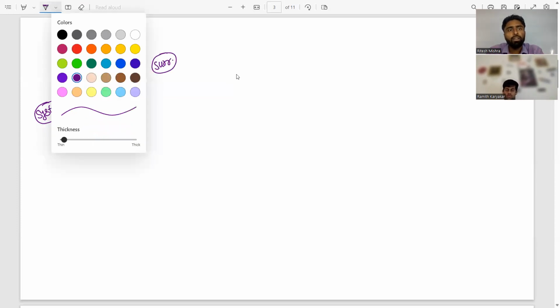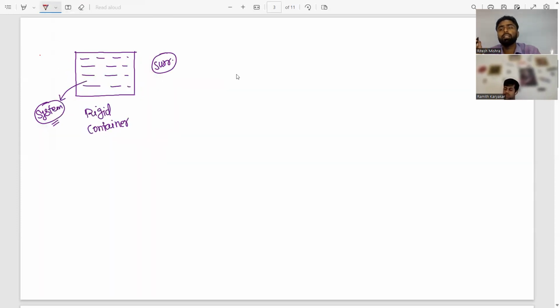Now, my dear friend, from the system to surrounding, there may be energy transfer between the system and surrounding. If this liquid is at higher temperature than surrounding temperature, then heat transfer goes from system to surrounding.